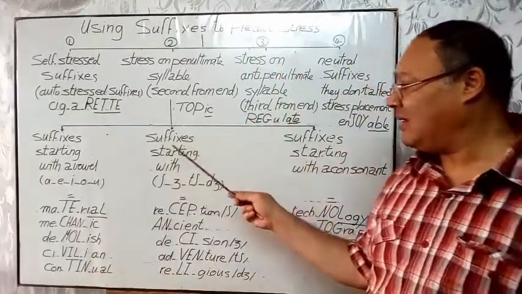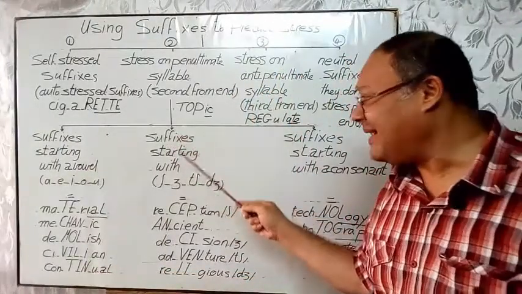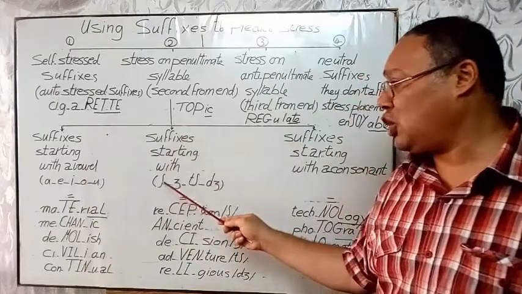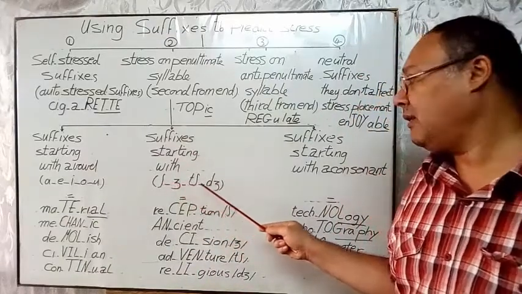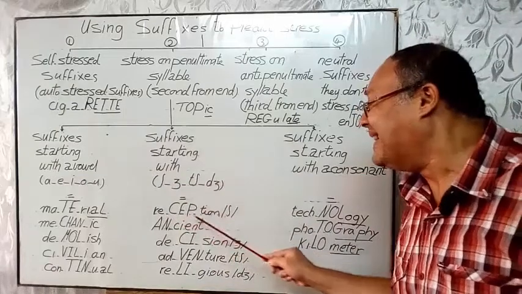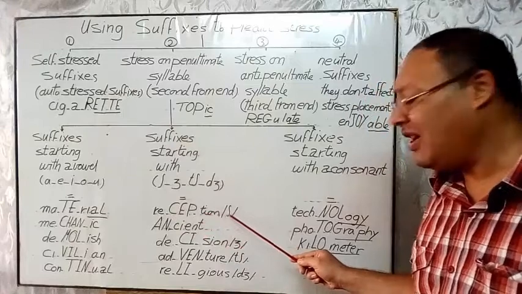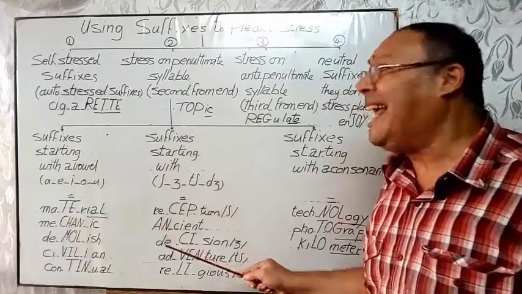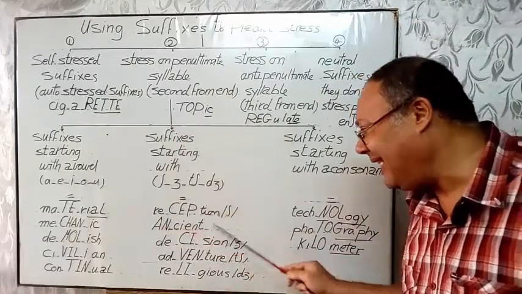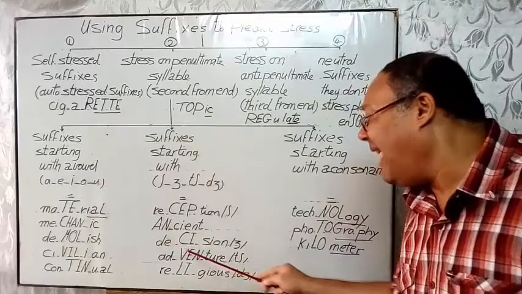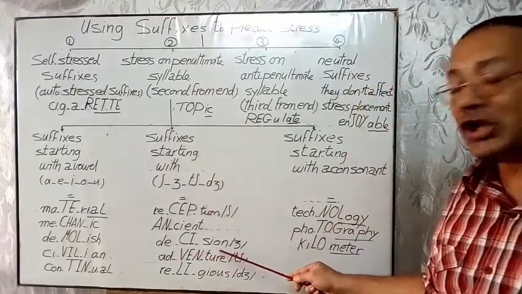The second type is suffixes starting with sh, ch, j. Reception, here we have T-I-O-N, sh sound. Ancient, C-I-E-N-T. Decision.